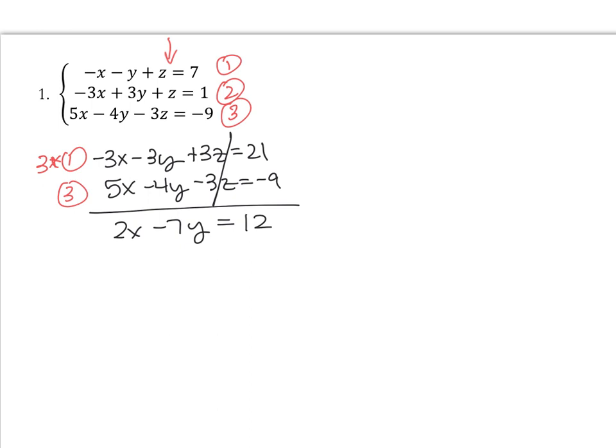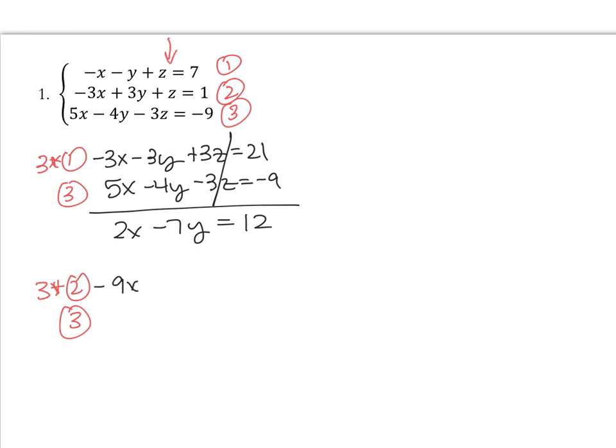Again, there's multiple choices here. I'm going to do 2 with 3, and I'm going to multiply 2 by 3. I don't know why. That's just what I feel like doing. But you've got to then multiply the whole equation by 3.